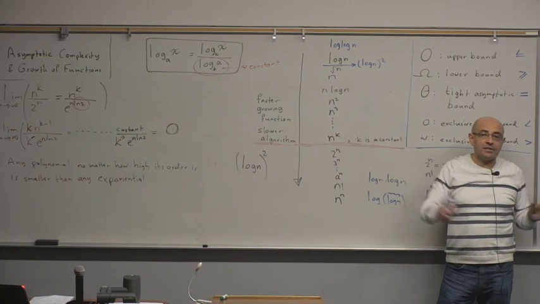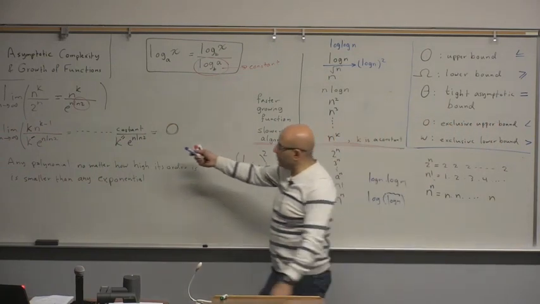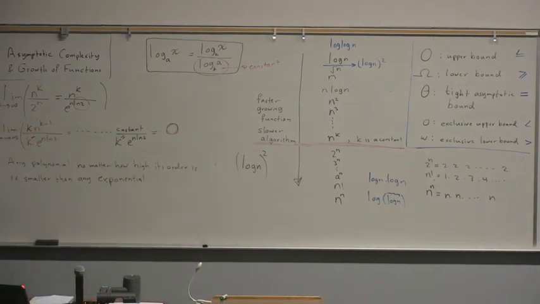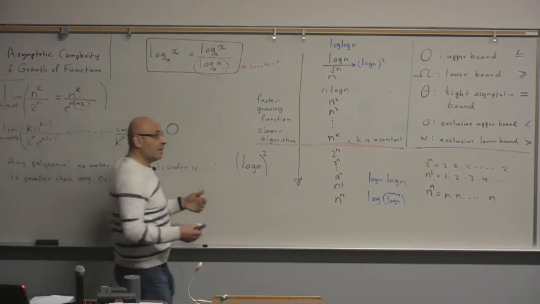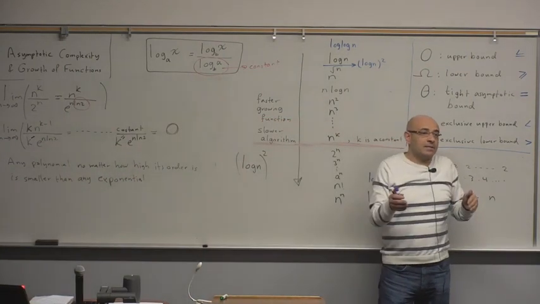Faster growing function gives a slower algorithm. Intuitively, the derivative is the rate of change, the rate of growth. The fact that the derivative of a polynomial is a lower order polynomial means that the growth rate of a polynomial is smaller than the polynomial itself.